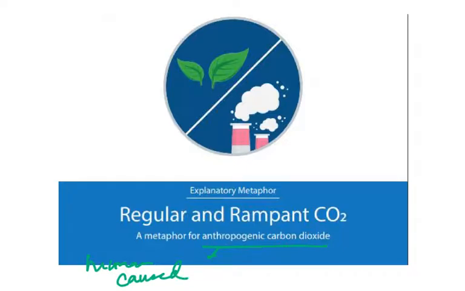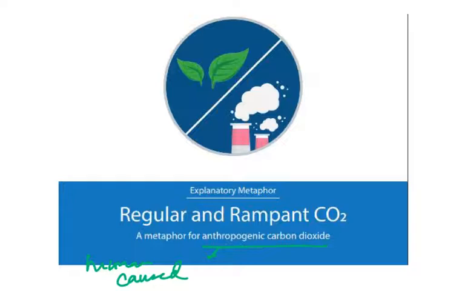And remember, if we're talking about the source of these carbon dioxide emissions, it's all of these human activities like transportation, burning fossil fuels, that kind of thing. So this metaphor is useful for explaining some of that. This metaphor is also useful in conjunction with the heat trapping blanket metaphor because this metaphor explains some things that the heat trapping blanket metaphor can't.